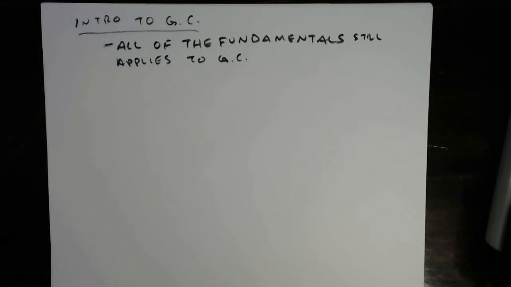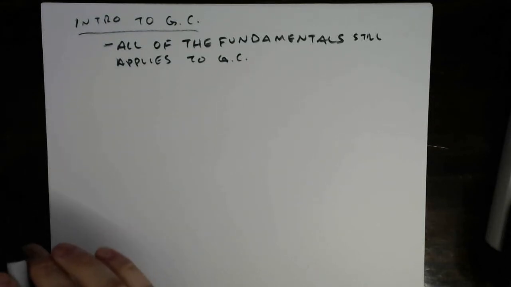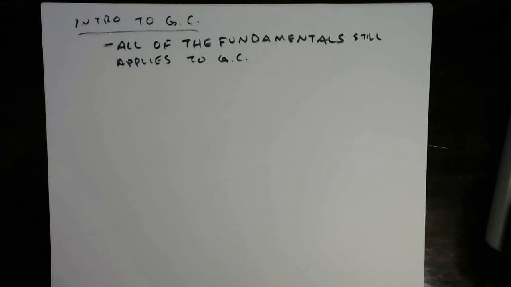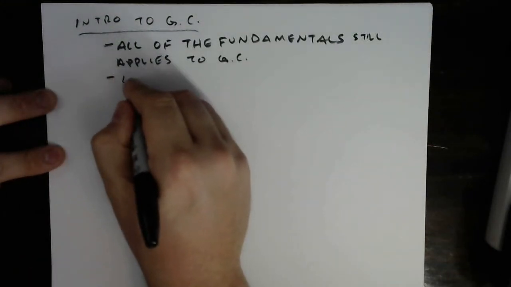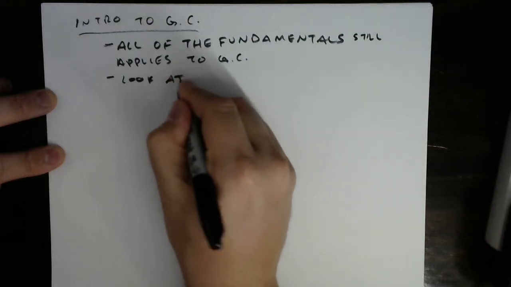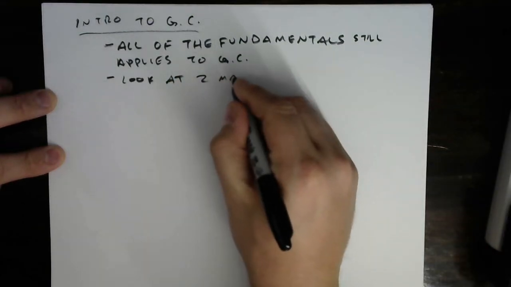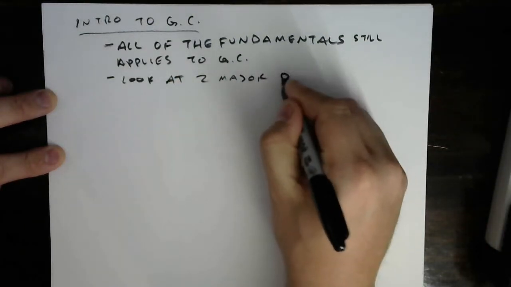So there are some very specific differences between GC and LC. And so I thought a good introduction to GC would be to highlight essentially two of these. I want to just, in a few minutes here, look at two major differences.